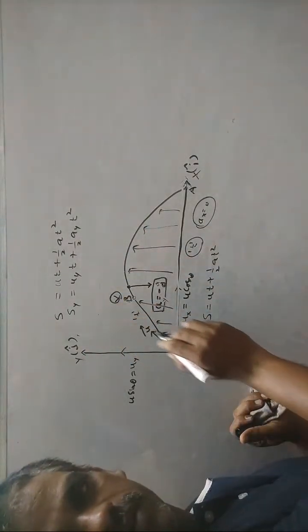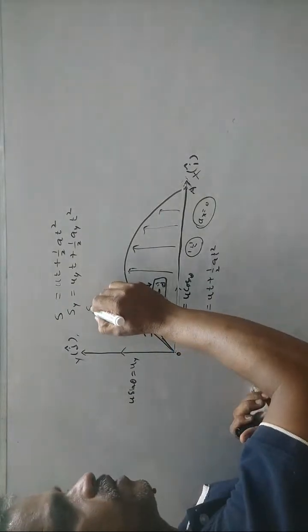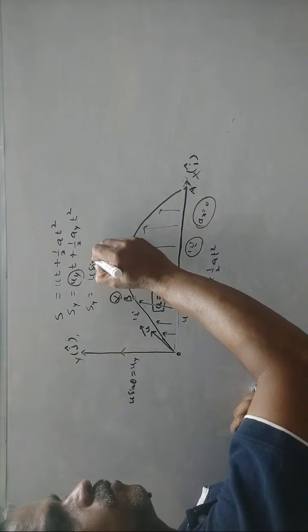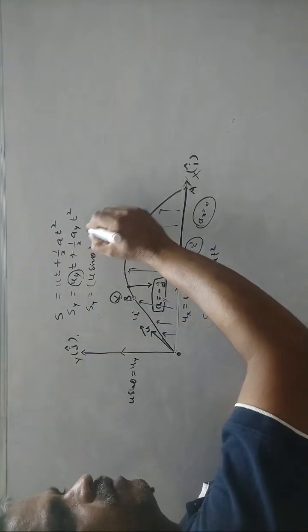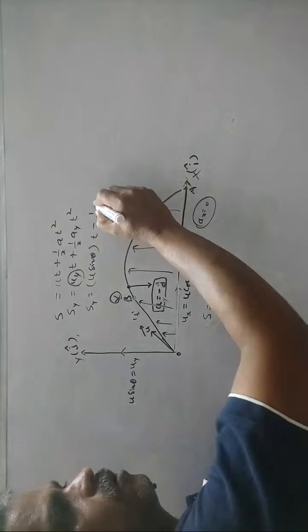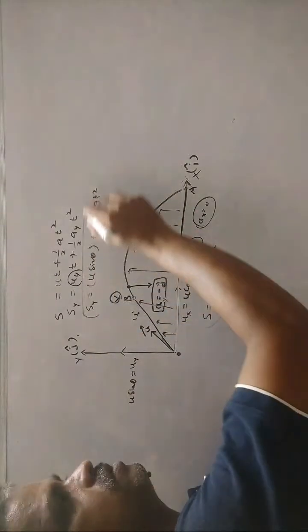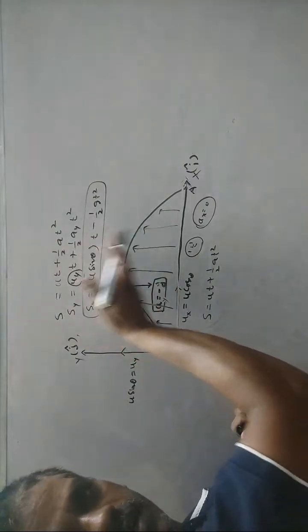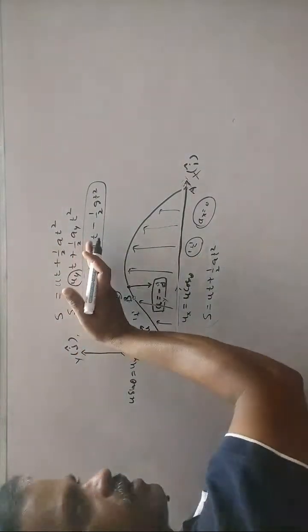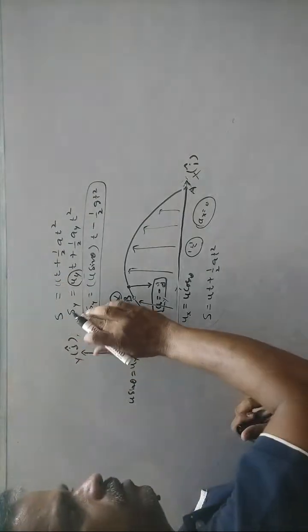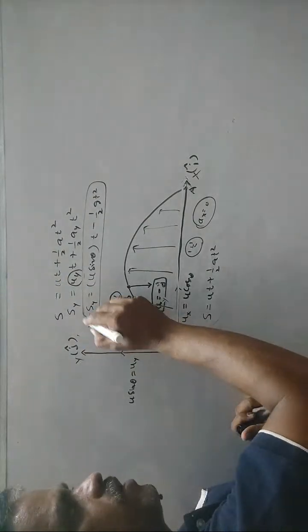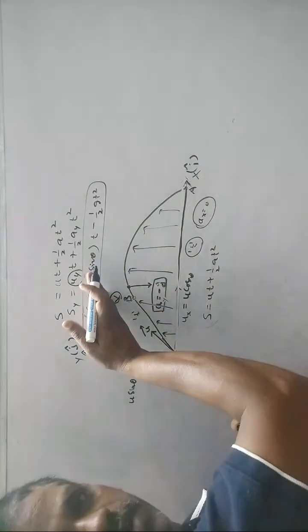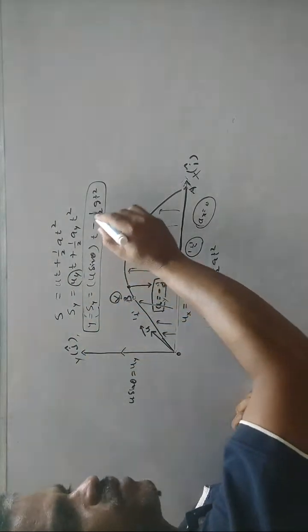Uy is u sin theta, and ay is minus g, so Sy is u sin theta into t minus half gt square. This is the displacement on the y-axis.